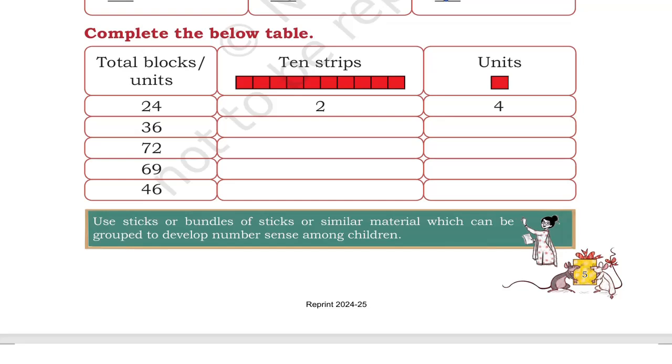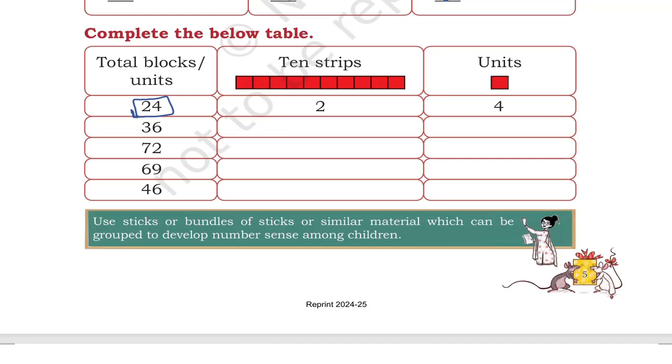Complete the below table. Total blocks or units are given on this side. Then we have a 10 strip and here it presents the units, how many units there are going to be. So the question asks, in 24 total blocks or total units, how many are the 10 strips and how many are the loose units?